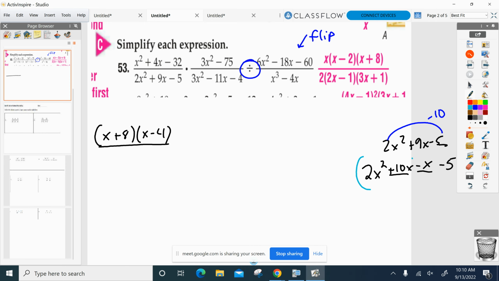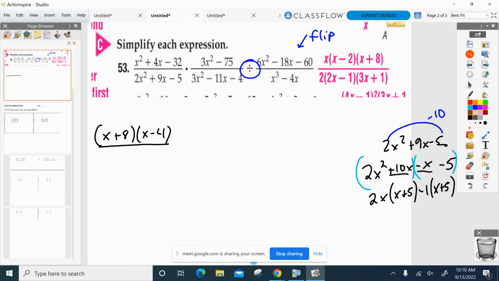All right, let's go, Tim. Let's group now. What do you want to take out of this first grouping? The left side. Yep. 2x. Yep. That leaves x plus 5. So what must I take out of this second one to get an x plus 5? Negative 1. Yep. Finish grouping.